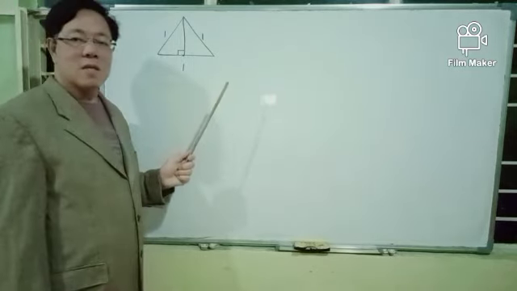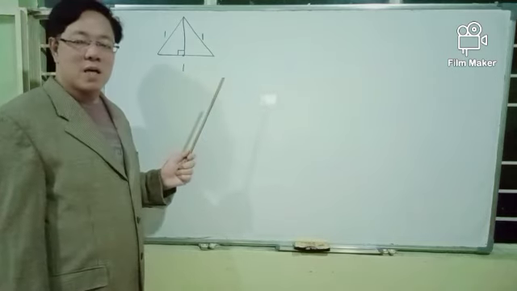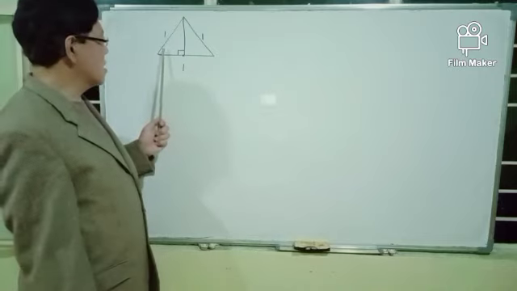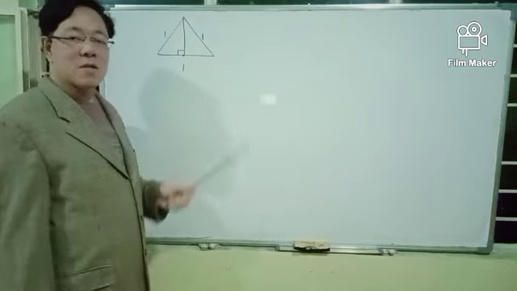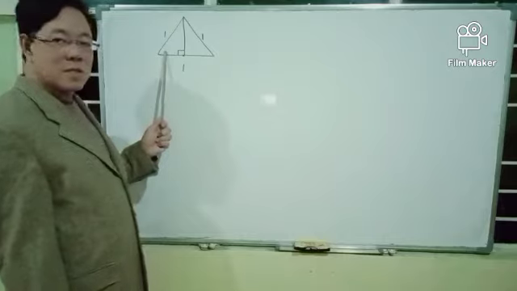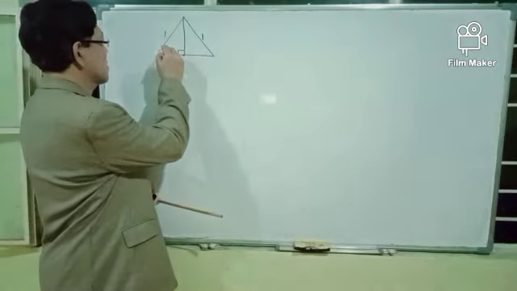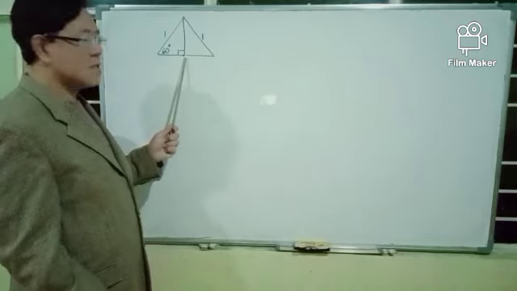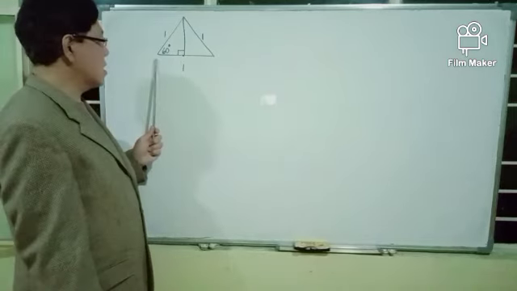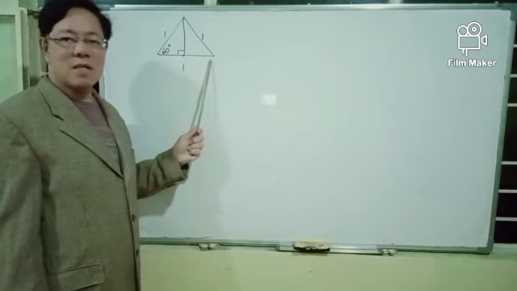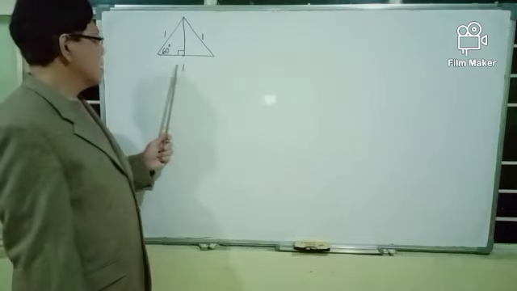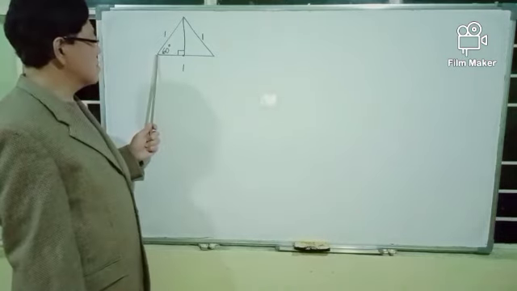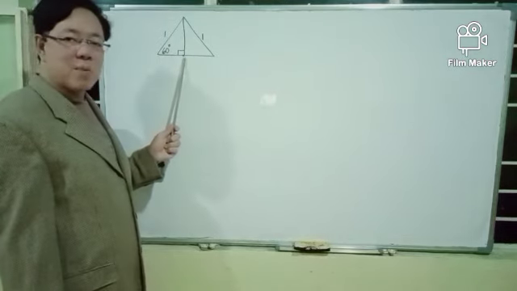And because the triangle is equilateral, it is also equiangular, which means that the three angles are congruent. So this is 60 degrees. And because this is the midpoint of this side of the equilateral triangle, whose length is 1 unit, then from this vertex of the triangle to this midpoint is 1/2.